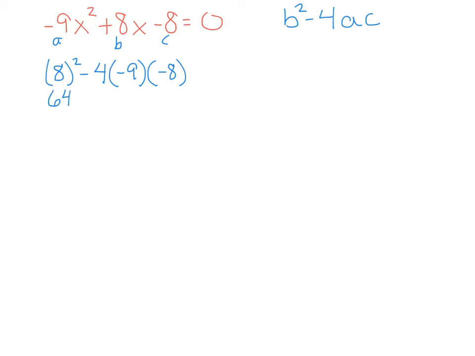Otherwise you have 64 minus 4 times 9 times 8. So that's 288, so we've got minus 288. 64 minus 288 is negative 224.